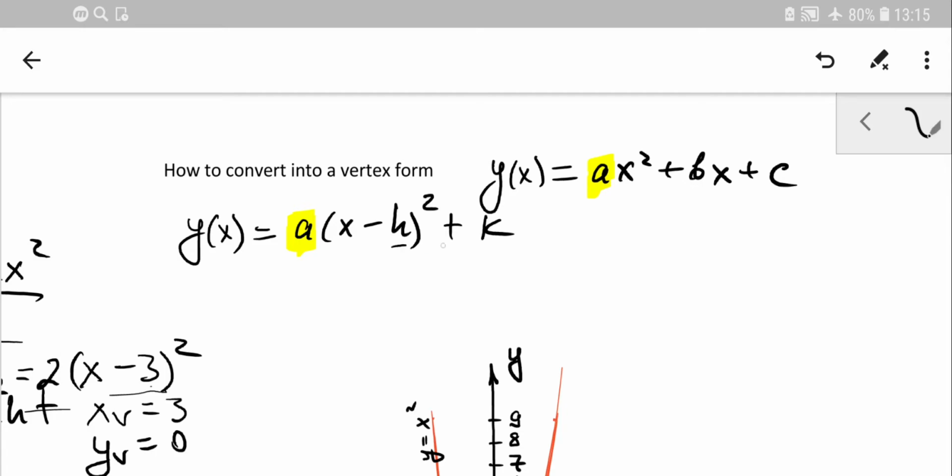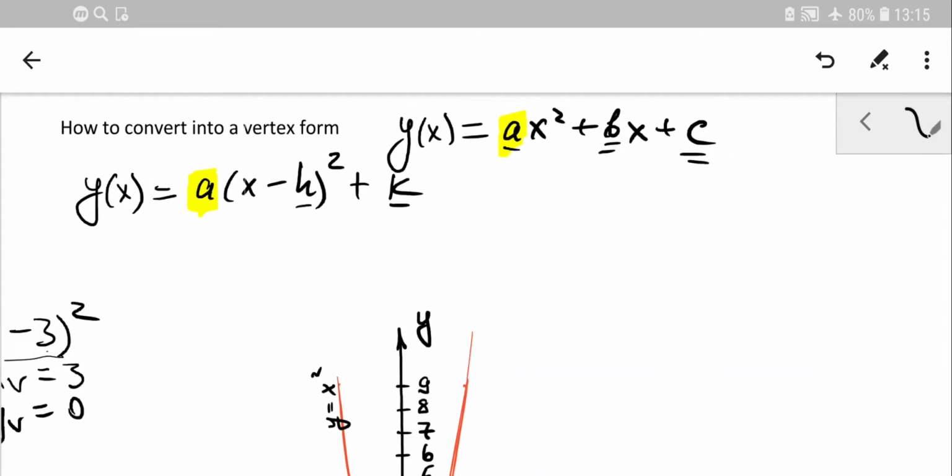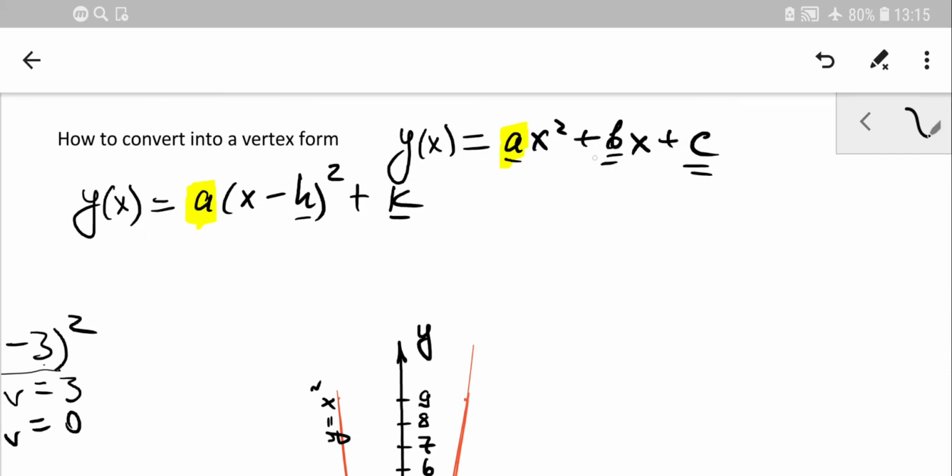But how do we connect h and k with b and c, or probably with a as well? So that's the right time to show you. I'll show you from the vertex form back to the general form, and then I'll show you the way back.